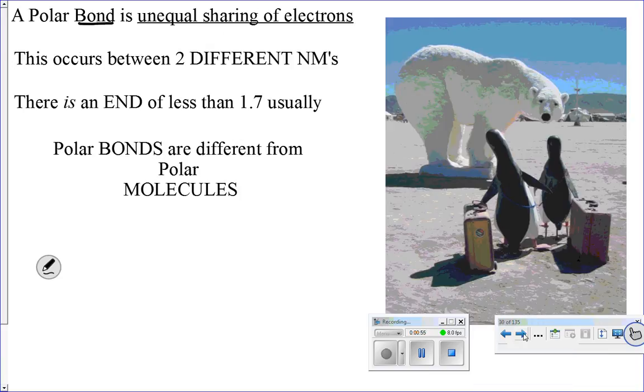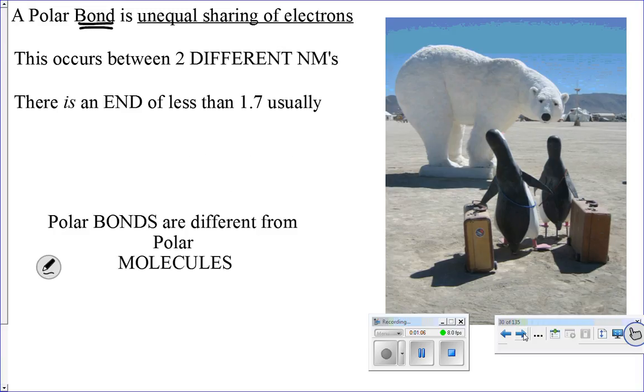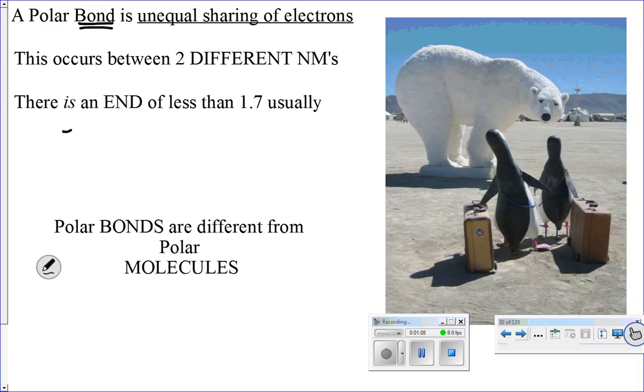A polar bond, and when I talk about a polar bond, it's different from a polar molecule, is an unequal sharing of electrons between two different nonmetals. Those two nonmetals are going to have an electronegativity difference, meaning because they're not identical to one another, their electronegativities are different.